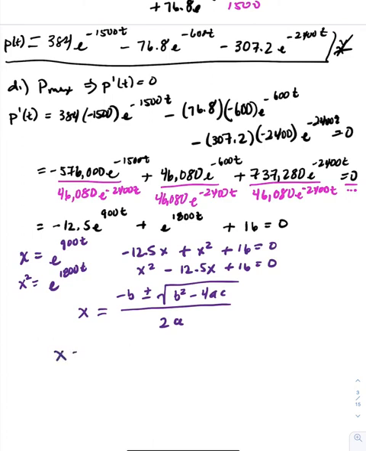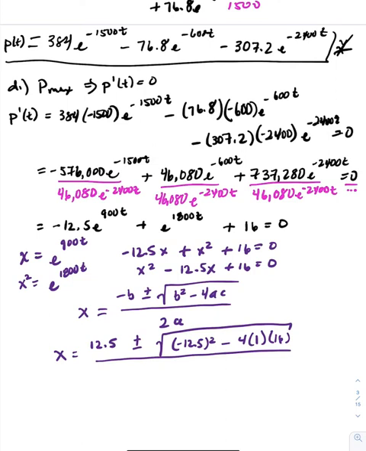So x is equal to minus b, which would be 12.5, plus or minus the square root of b squared minus 4 times a, which is 1, and c, which is 16, all over 2 times 1.